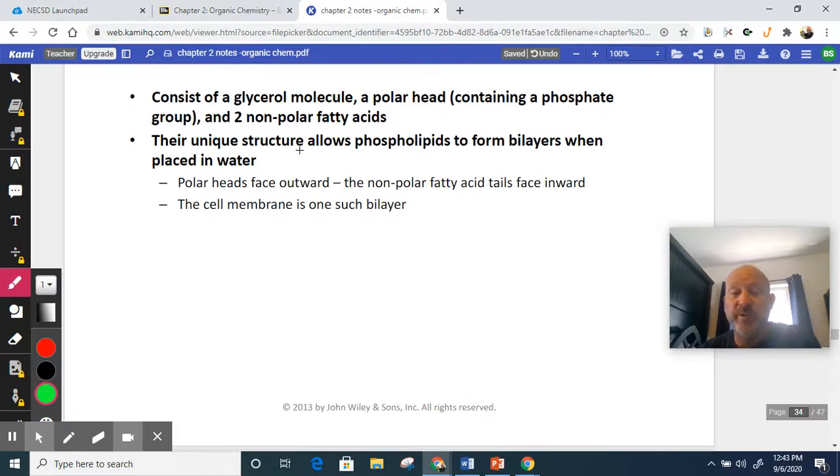With phospholipids, there are 2 parts to a phospholipid. There's a phosphate head, and then there are these lipid tails, 2 of them. And they kind of arrange themselves in rows. These phosphate heads do.